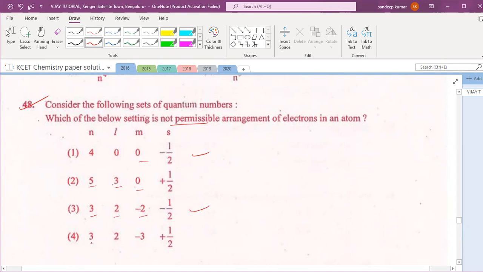Which is not possible? n is 3, l is 2 and m is -3. This is not possible, because the value of m can be from -l to +l only. As the l value is 2, it can be -2, -1, 0, +1, +2. -3 cannot be. So the fourth option is the correct option.